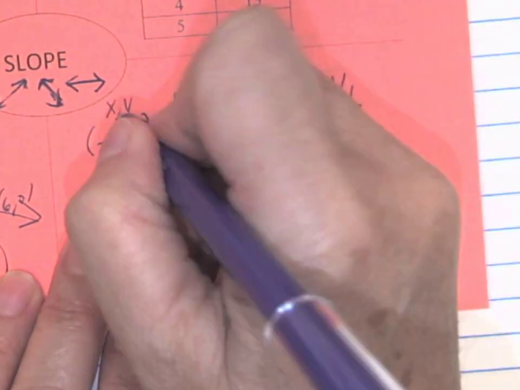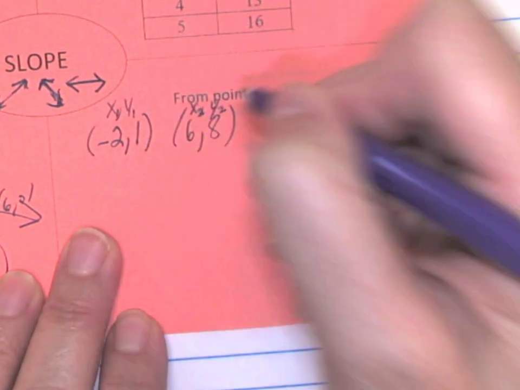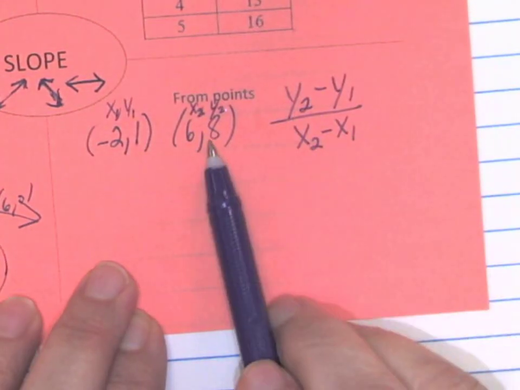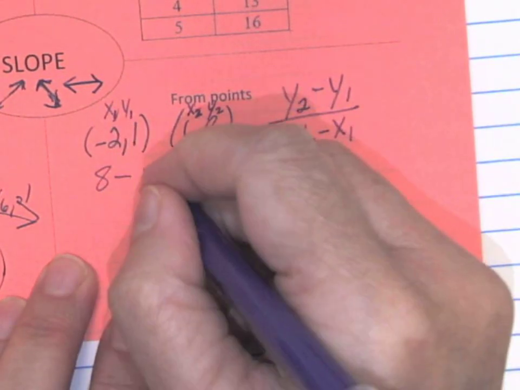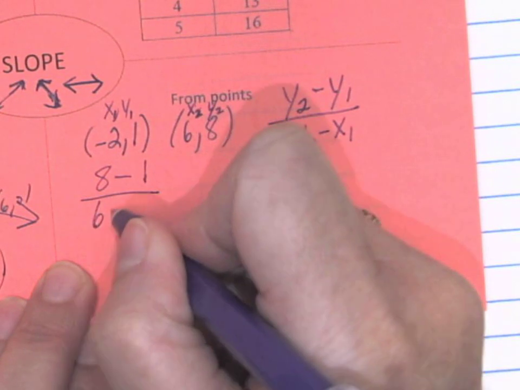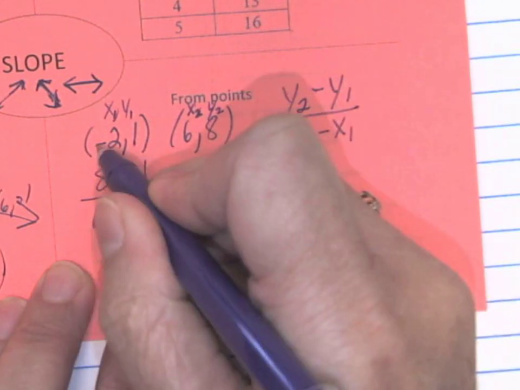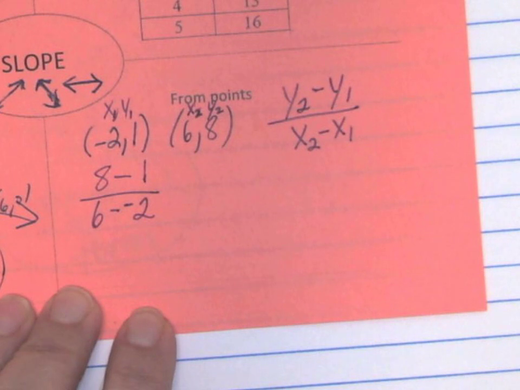So I could say x1, y1, x2, y2. I take the y2 and I subtract the y1. I'm plugging into a formula, guys. Then I take the x2 and I subtract the x1. Now I've got minus and negative, so we need to be careful with that.